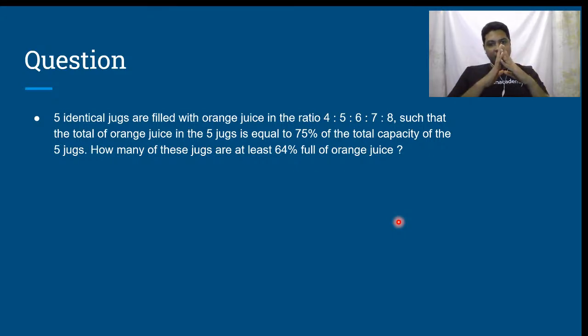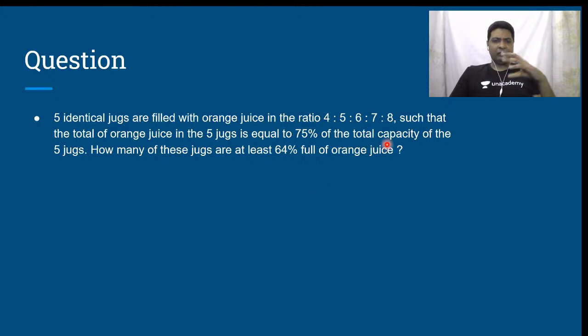Let us see, can we solve this without using paper and pen? For example, let us say the capacity of each jug is 100 units. Now, the total of orange juice in all the 5 jugs is equal to 75% of the total capacity of the 5 jugs.